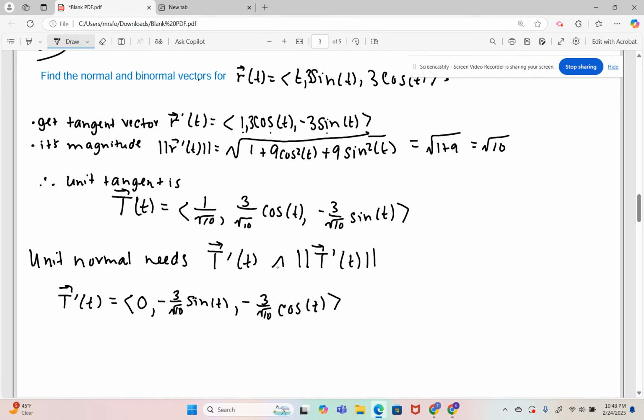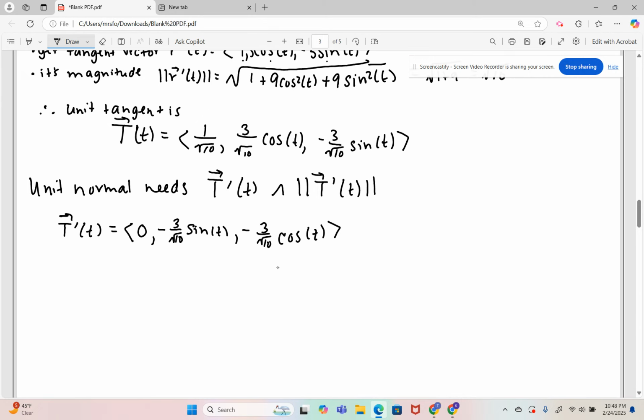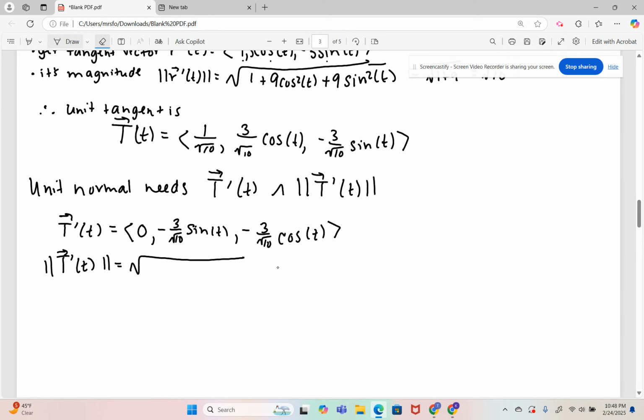Okay, so that is the derivative of the unit tangent. And so now to find its magnitude, we're going to say the square root of 0. I'm not going to even write that because the square root of 0 is 0 and it won't change anything. So now square negative 3 over the square root of 10.